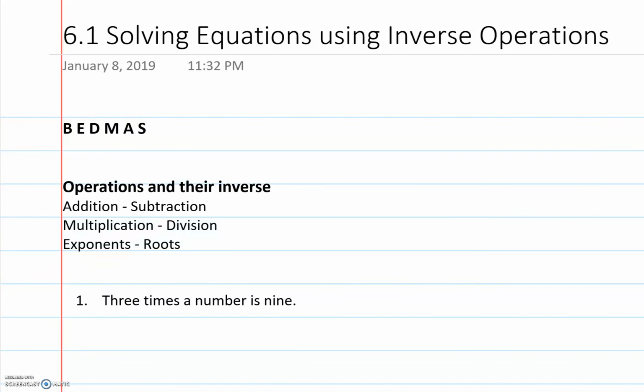Alright, so a normal equation, let's say bracket 2 plus 1 bracket times 6 equals, just without an answer there, we have to find the answer. In a normal equation, we use BEDMAS to help us with the order of operations.